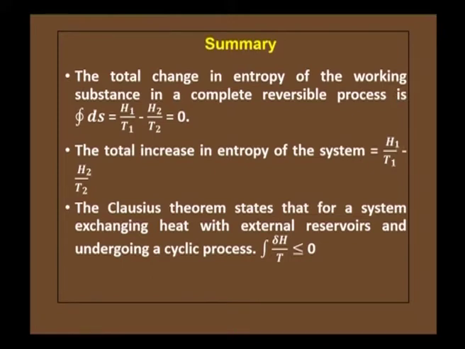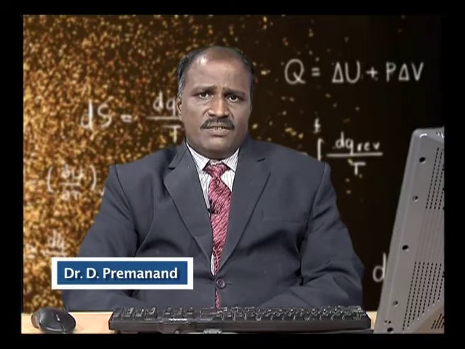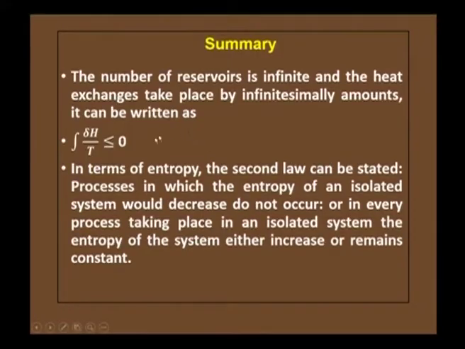Therefore, the Clausius theorem states that for a system exchanging heat with external reservoirs and undergoing a cyclic process, integral delta H by T is less than or equal to 0. The number of reservoirs is infinite and the heat exchanges take place in infinitesimal amounts, and it can be written as integral delta H by T is less than or equal to 0.